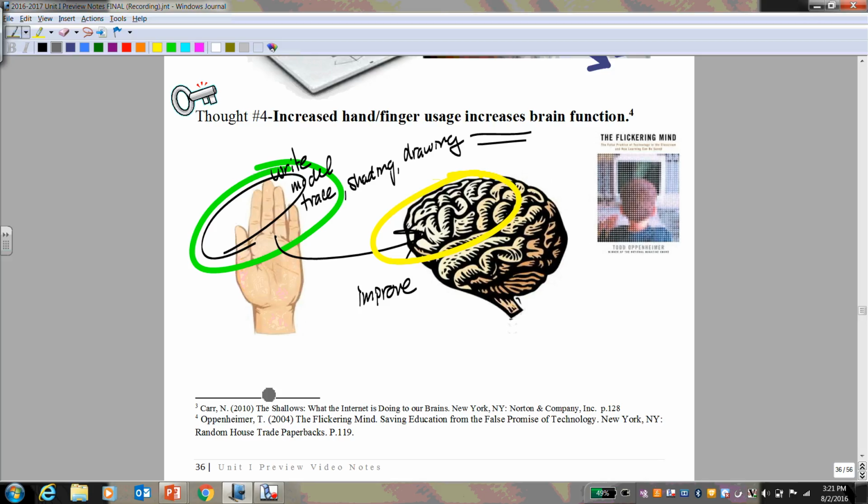The more you increase this, the more you increase this. Once again, there's the footnotes.